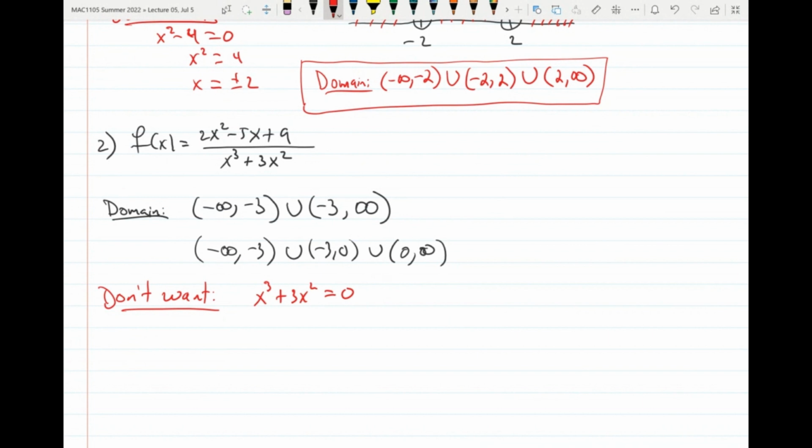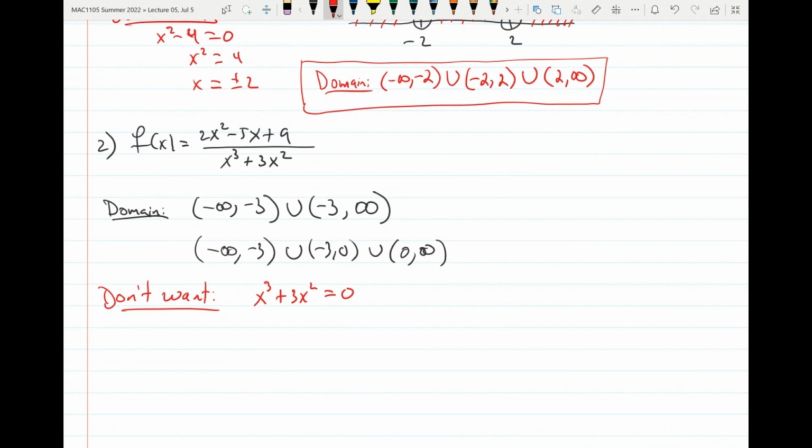The top itself is fine. You can plug in whatever you want and it will give you a number. The bottom also is fine. The issue is that the fraction cannot have 0 in the denominator. Other than that, we are safe. So as long as we figure out when this happens, we remove those values, and then we're good to go.